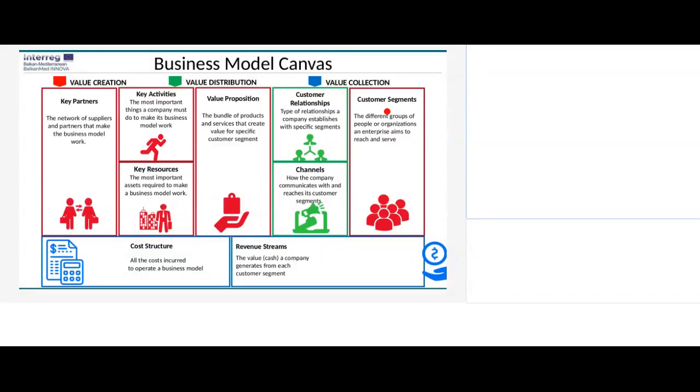It depends. The customer segments are a really important first step, because we have to define our segments, who we are targeting. We cannot say that our product is a mass market product. Well, if you are selling chips, for example, or pizza, you can say that, but for most services and products, that's impossible.